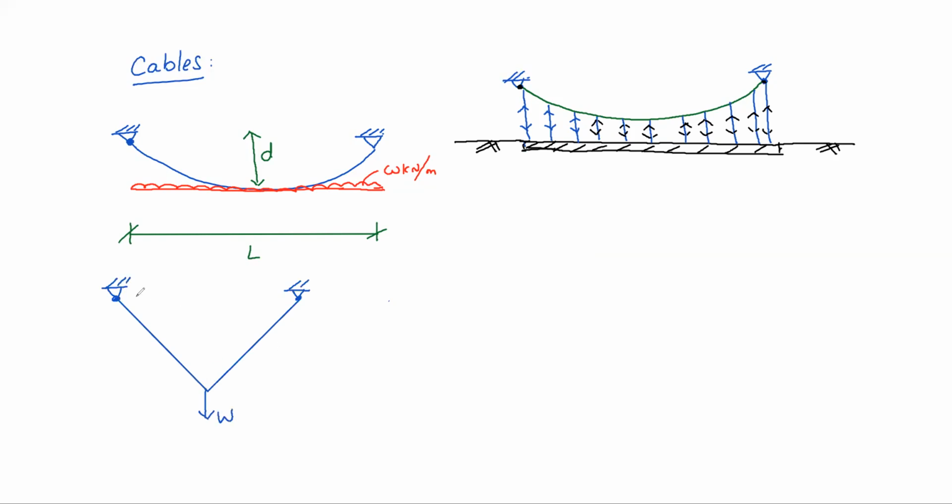Okay, so depending on the spans, depending on this span and all, and depending upon this central dip, how much tension will produce in the cable, we can find out. So tension in the cable.